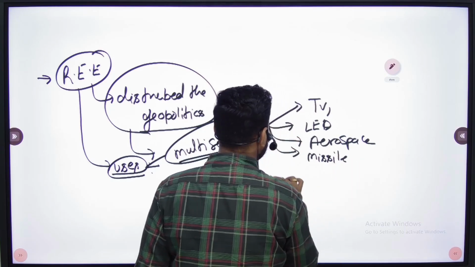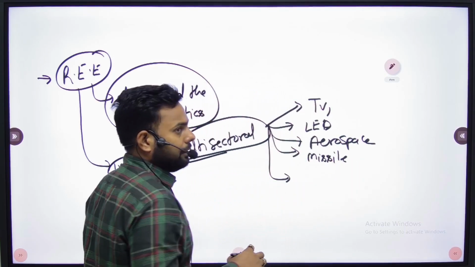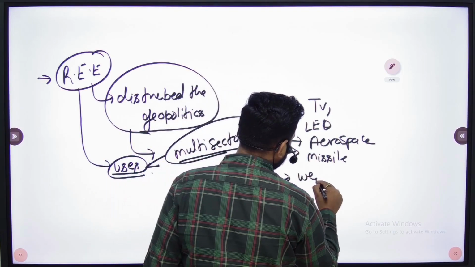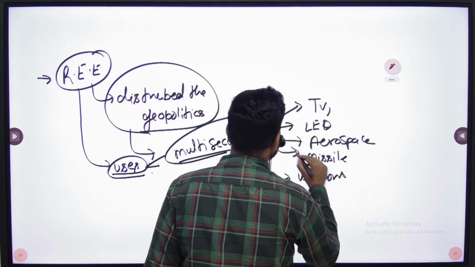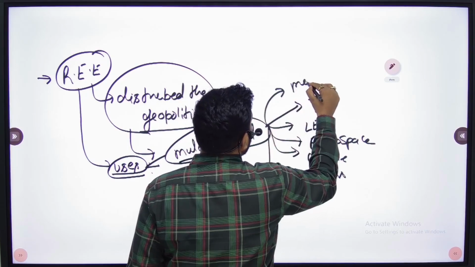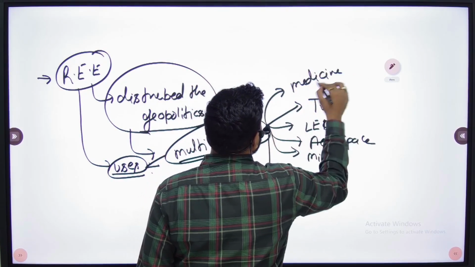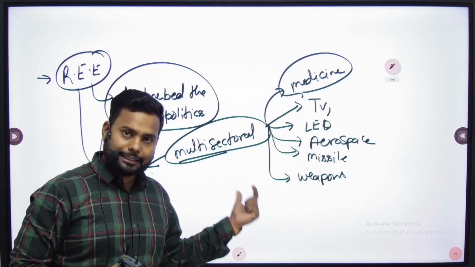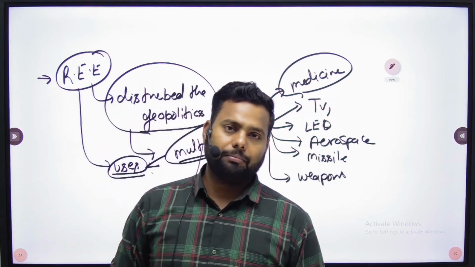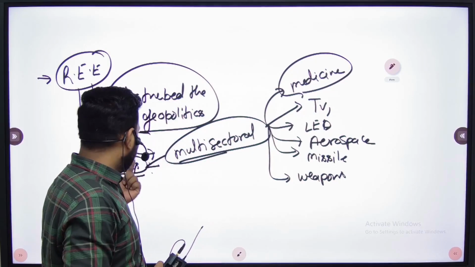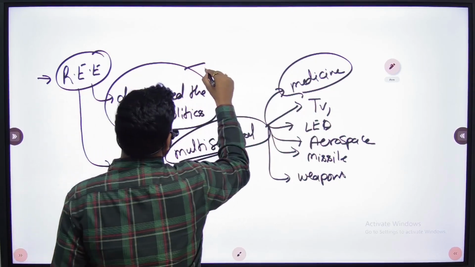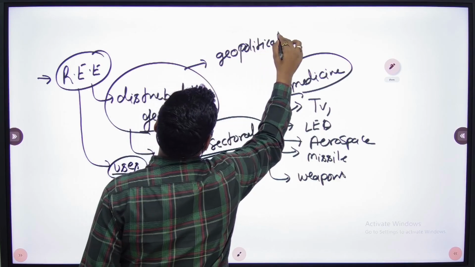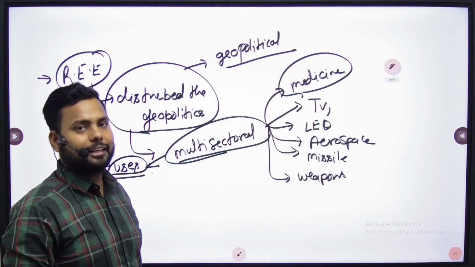It is also used in the weapons industry. It is also used in the medicine industry. So because of the multi-sectoral use of rare earth minerals, it creates geopolitical tensions.